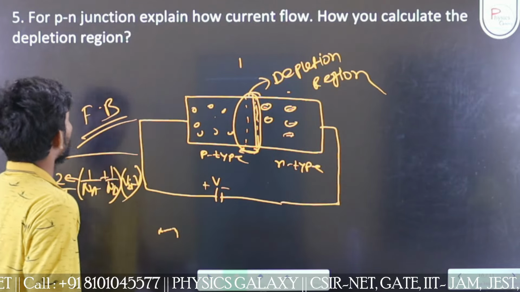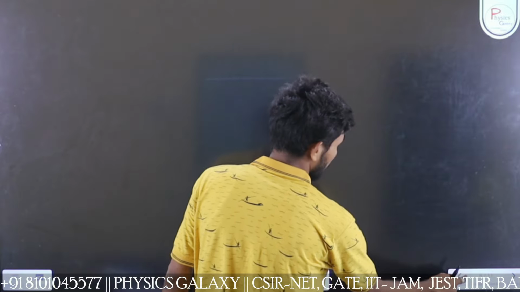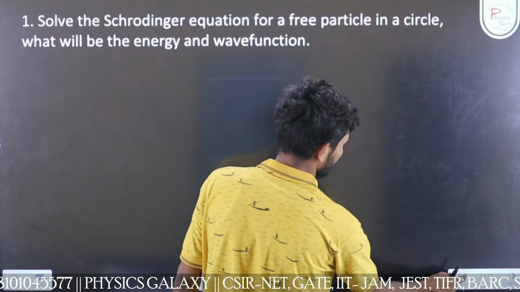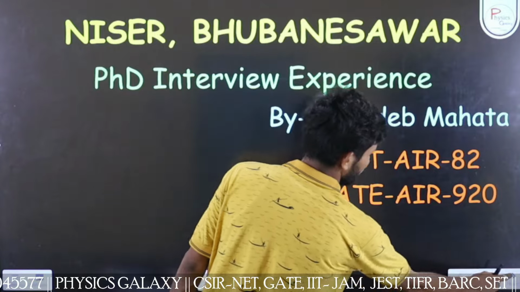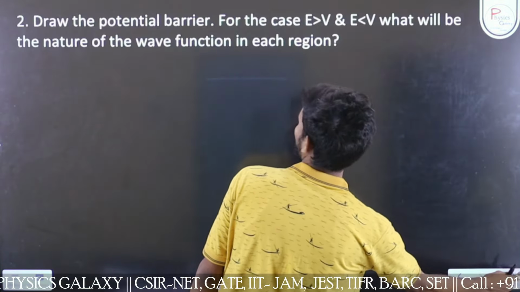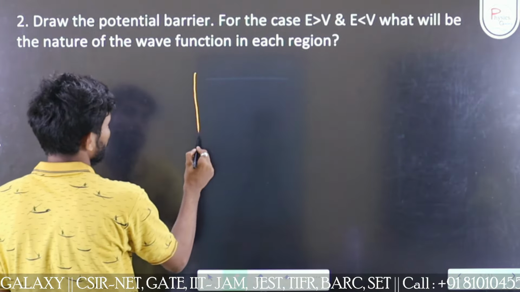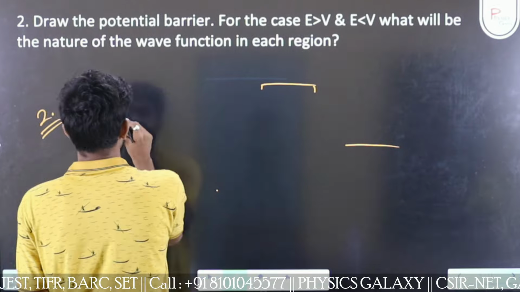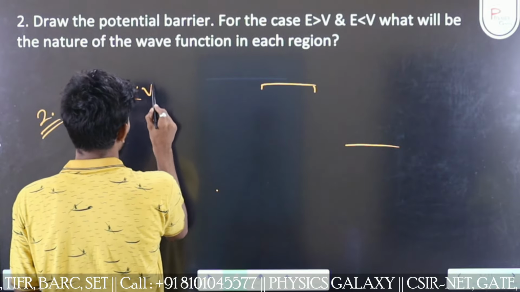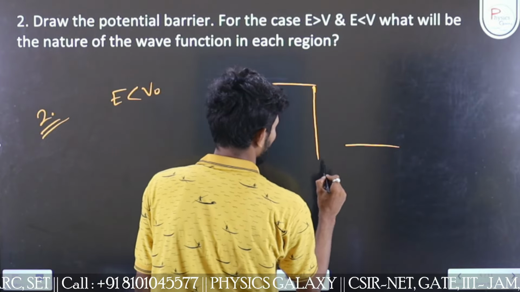One more question was there from quantum mechanics. They asked me about the case of E less than V naught, the potential barrier.